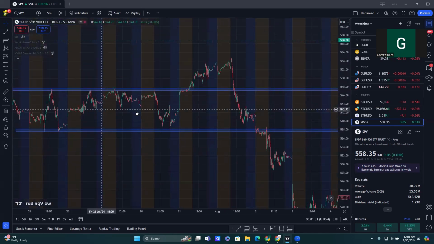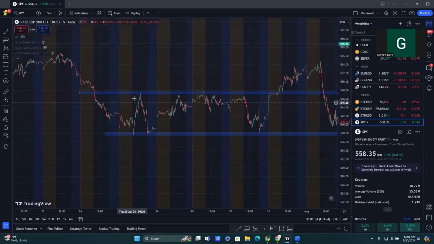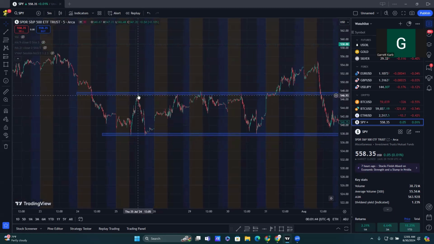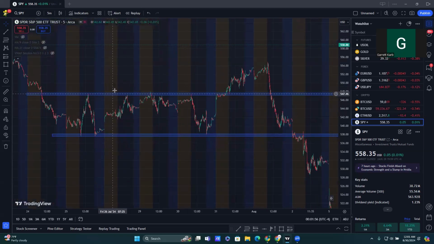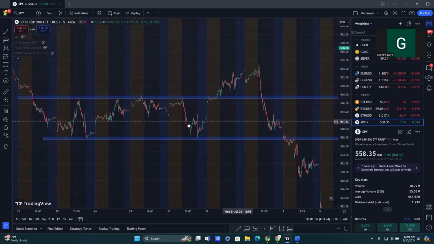And then we also have an area of resistance during this period. It seems like that area of resistance was around the 547 mark. So yeah, around 547, right? And during that period, price came up 1, 2, 3, 4 days in a row and actually went back down from that.